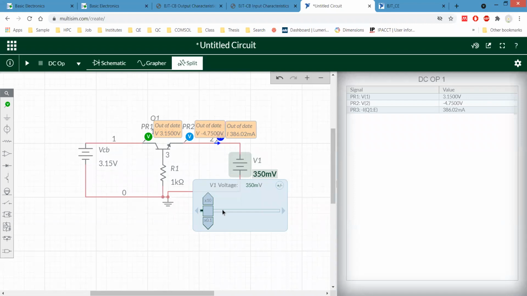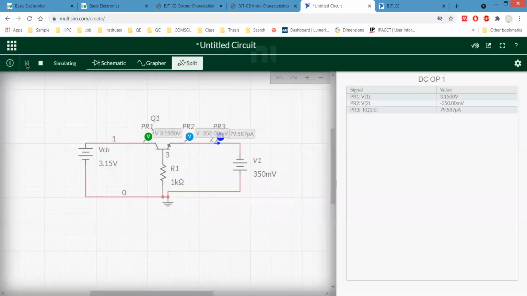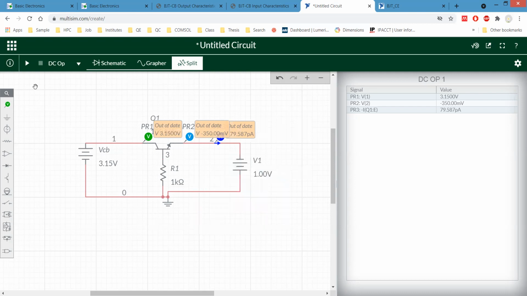For this one, yeah, please take this data only. Noted. 350 millivolt will have 79 picoampere, and let it be 1 volt.